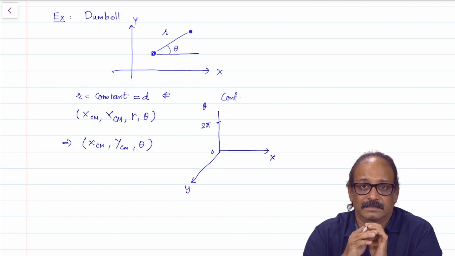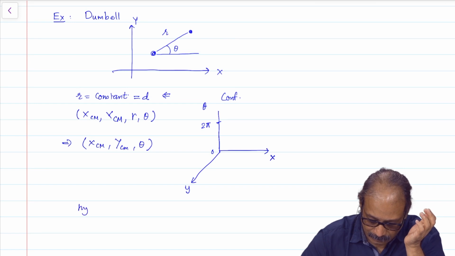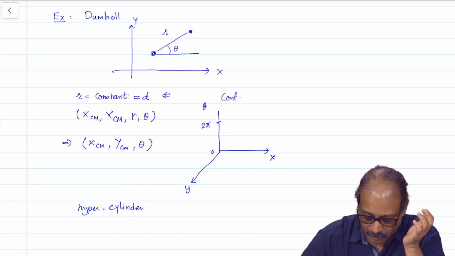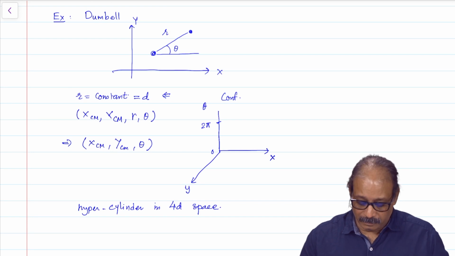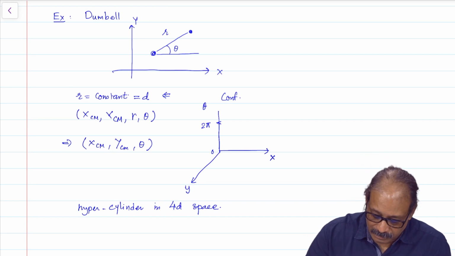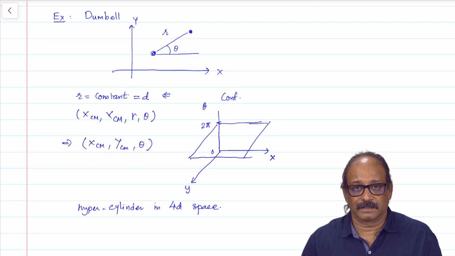It makes some kind of a hypercylinder in 4-dimensional space. Okay. However, for the purpose of depiction, I could actually stay with simple diagram like this in 3 dimensions itself.